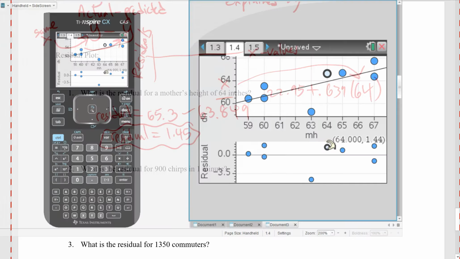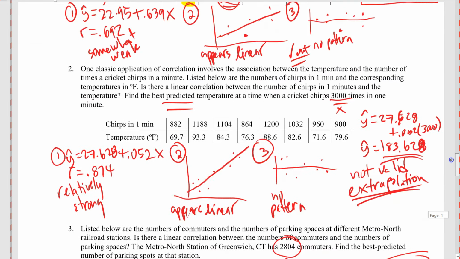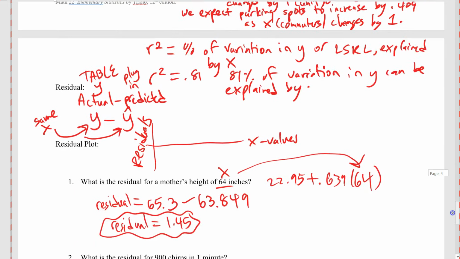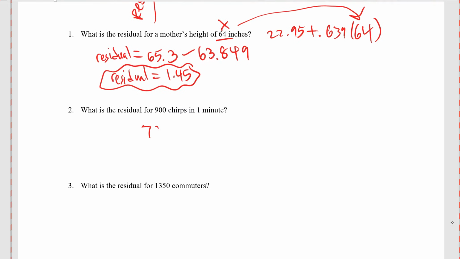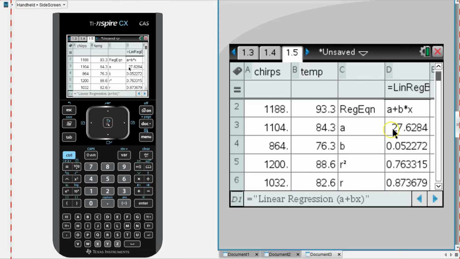All right. Let's do one more. What is the residual for 900 chirps? I guess we could do the other two. The residual for 900 chirps would be the actual for 900 chirps. So let's go to the actual table for chirps. Right there. 979.6. That's the actual y value. Minus predicted. Well, I get the predicted from the chirps.